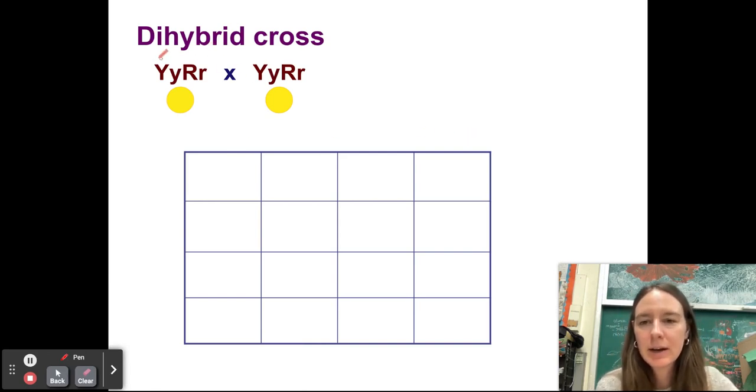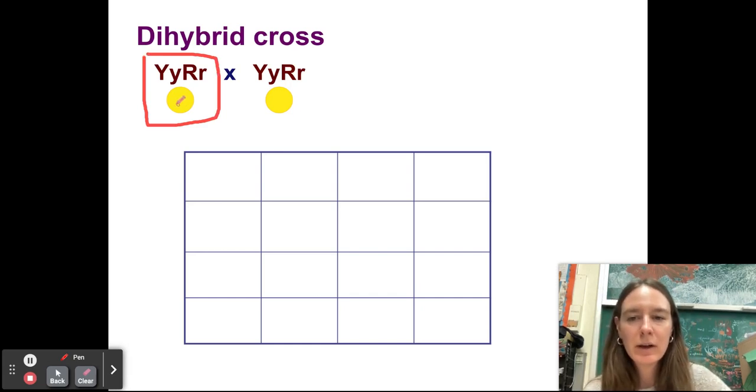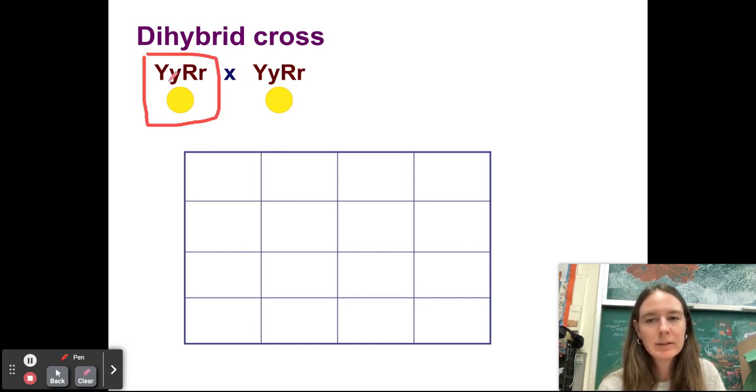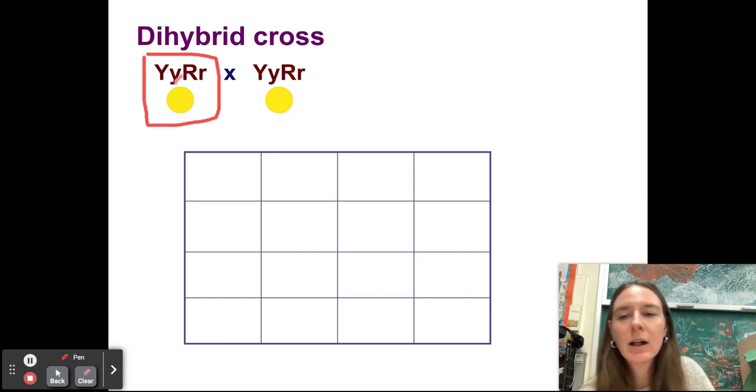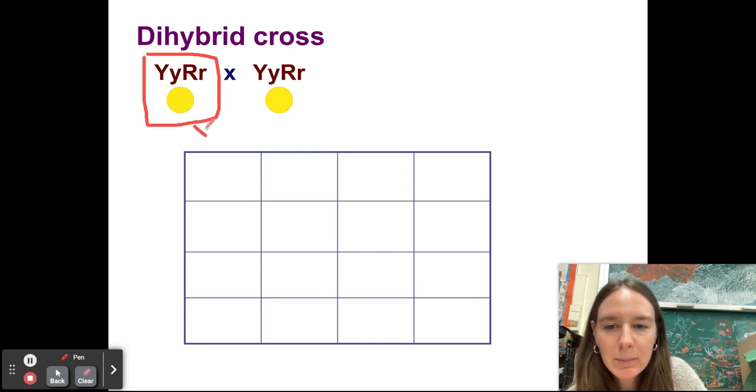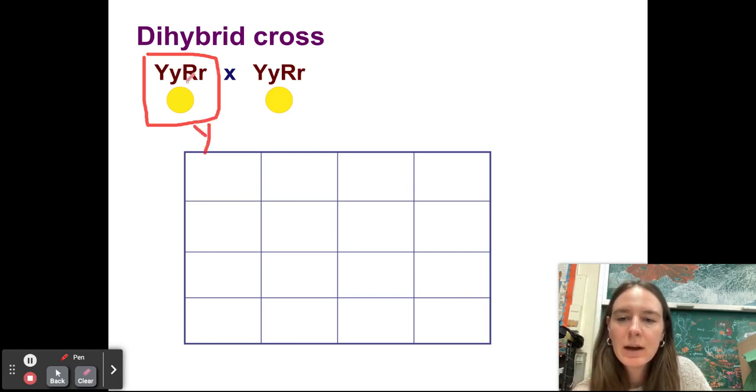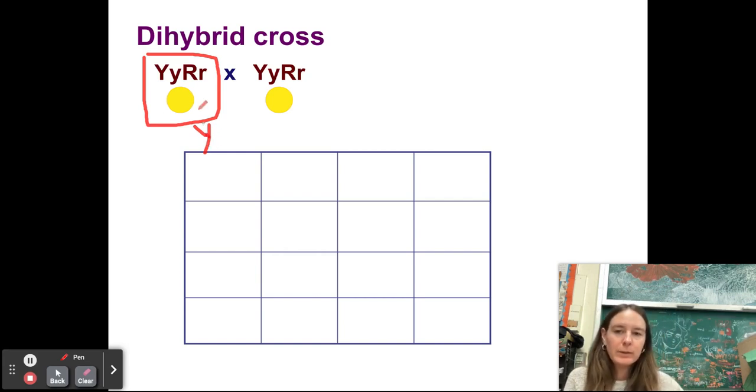Let's say this is going to be our sperm or our pollen generator. So this pea plant is going to make the sperm. What optional sperm can we make? Well, let's take a look first at the color. So you could actually have a capital Y, right? Remember, our sperm cells only have one copy of each allele. And then you could have a capital R, right? But what if you had a capital Y and a lowercase r?